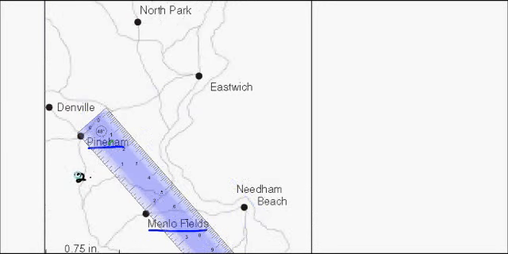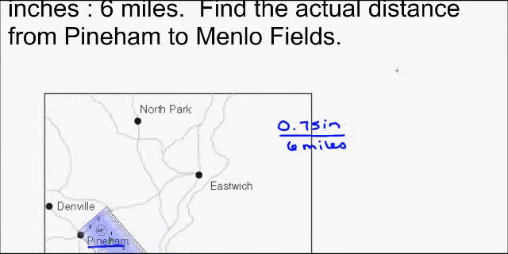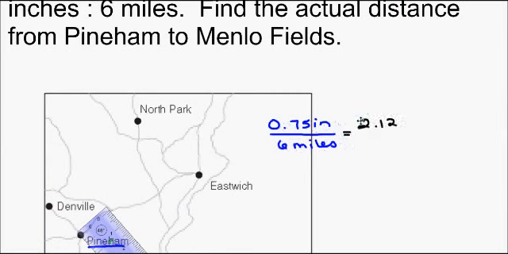So I'm going to say this is 2.125 inches. Okay, so I'm going to use this here and say this equals 2.125 inches over x. We're looking for the number of miles that corresponds to that.